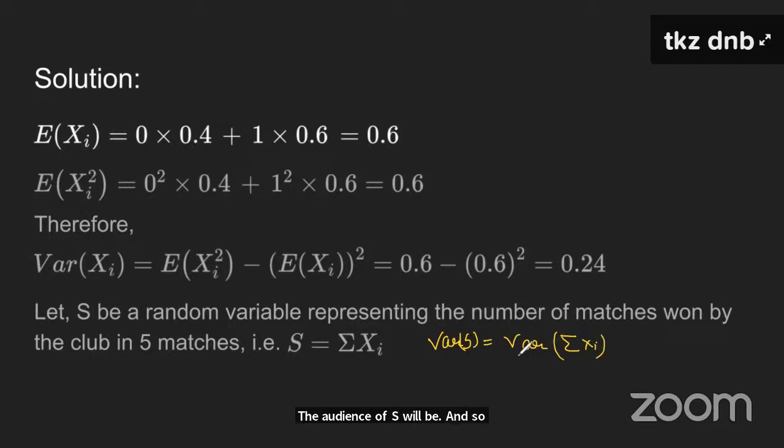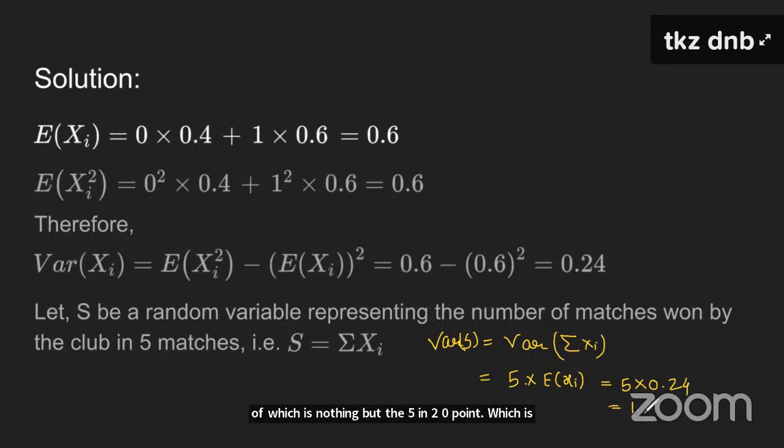As each coefficient of xi is 1, and the matches are independent, it is 5 times the variance of xi, which is 5 into 0.24, equal to 1.2. So this is the final answer.